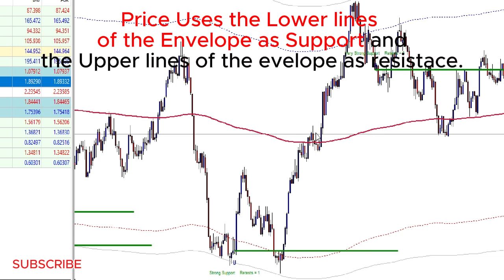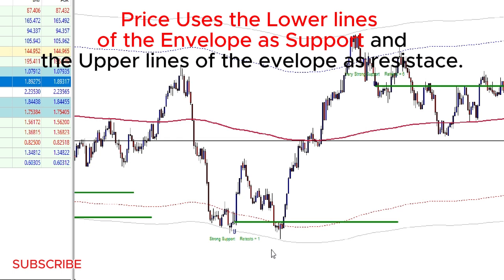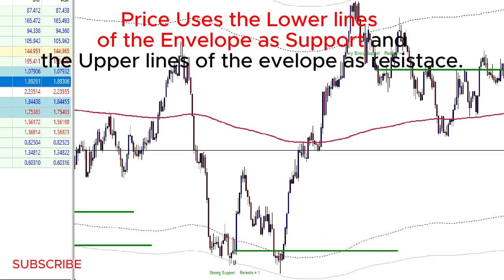So if we entered here, we put our stop loss just below this envelope here, and then put our take profit. The first take profit will go here, and the second TP will go here, and you can see that both TPs will be hit.